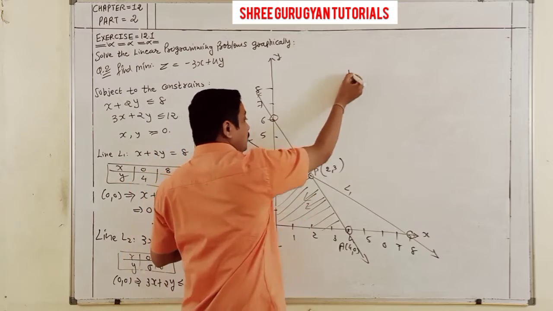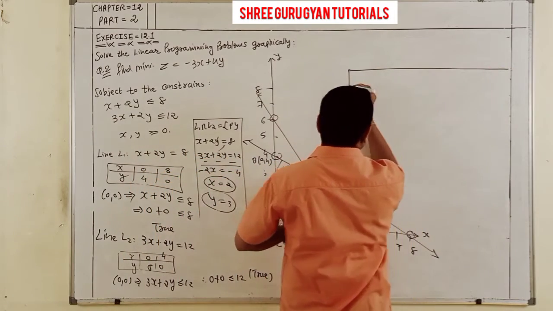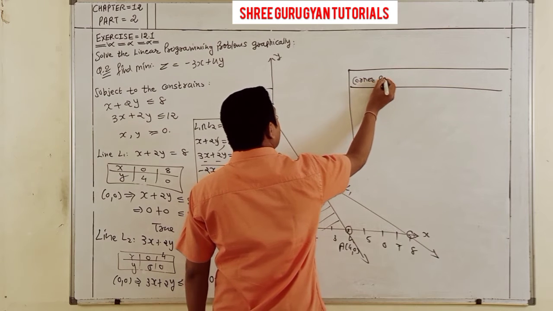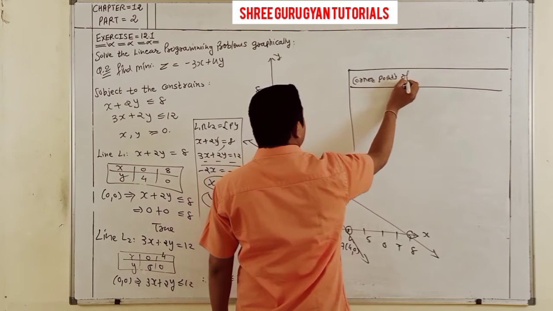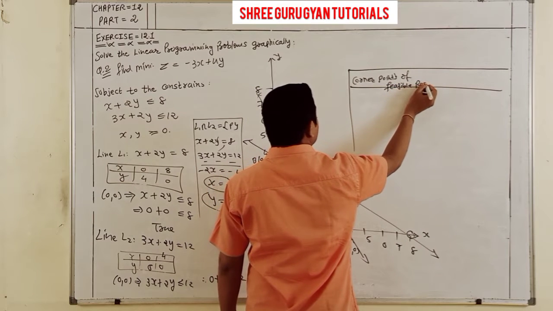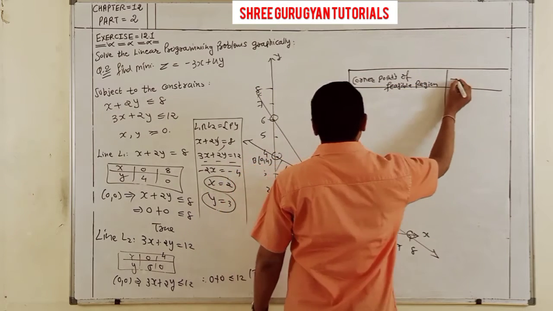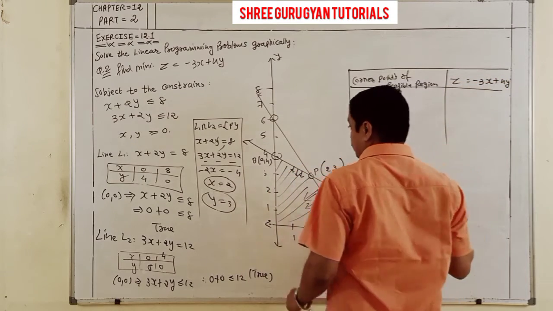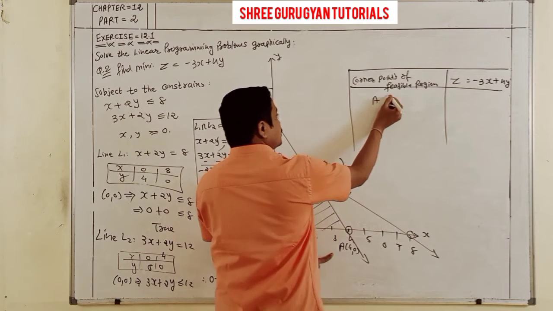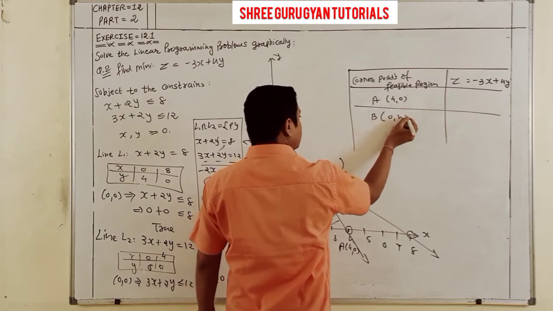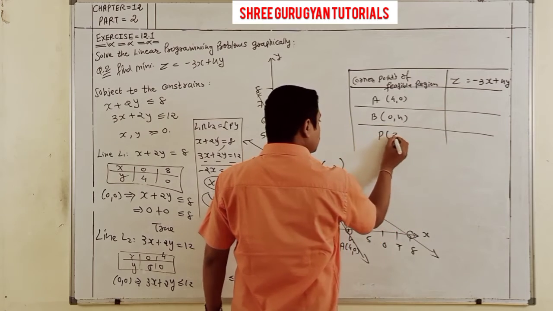And now you go finally to the table. Corner points of the feasible region, and here z = -3x + 4y. Structurally putting the points: A (4, 0), B (0, 4), and P (2, 3).